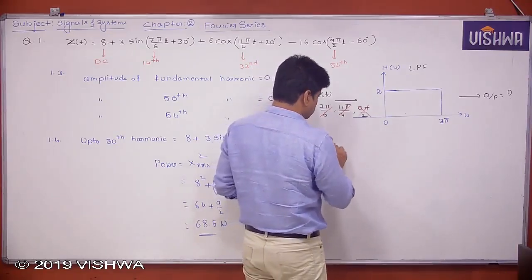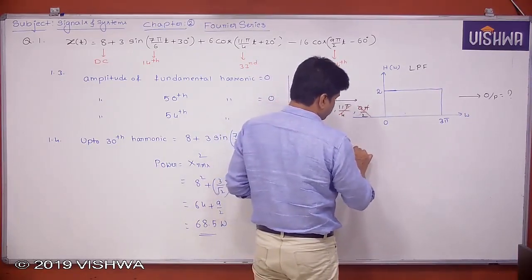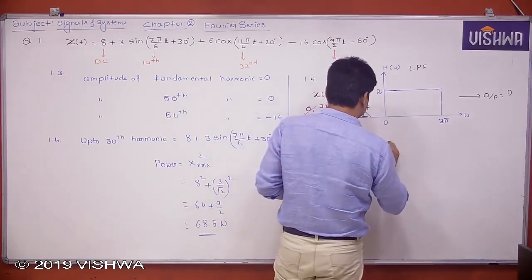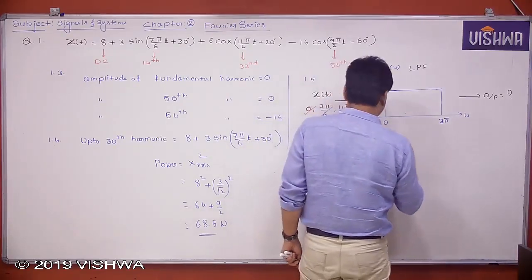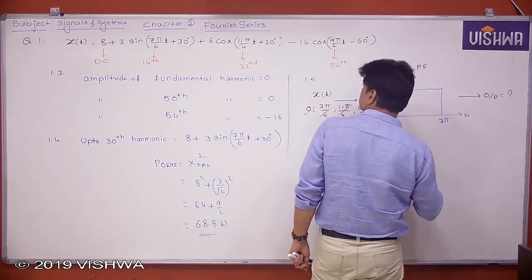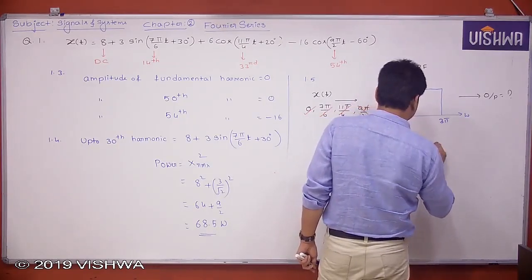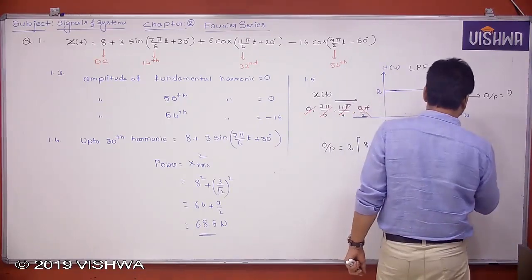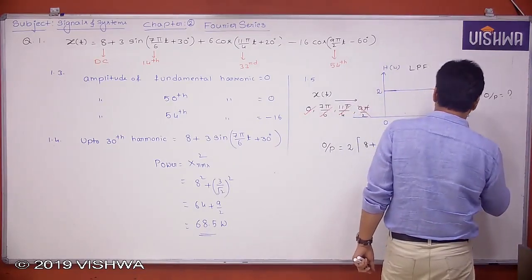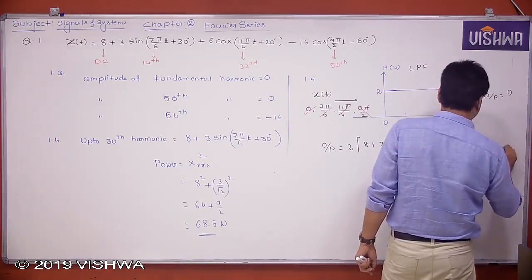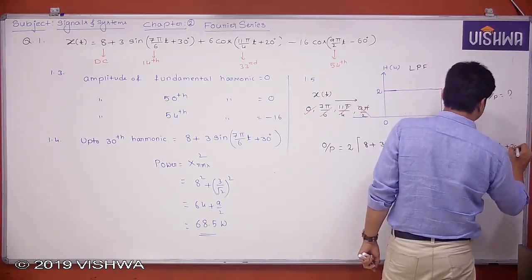Output is equal to 2 into (8 plus 3 sine (7 pi by 6 t plus 30 degrees) plus 6 cos (11 pi by 4 t plus 20 degrees)).